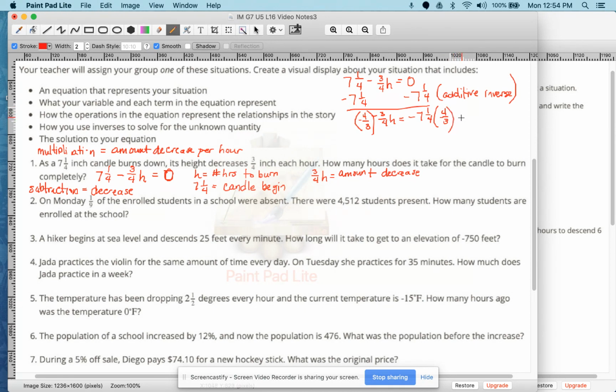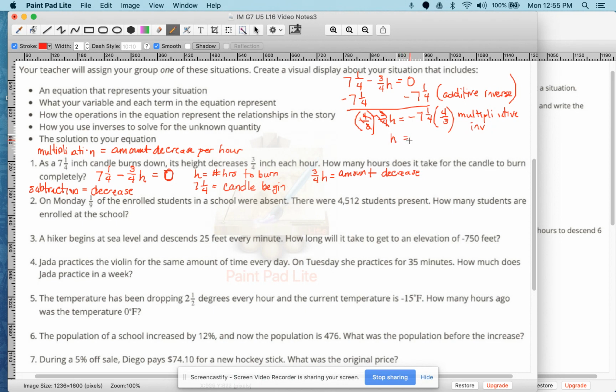And this is actually called the reciprocal or the multiplicative inverse. And when I do that, 4 cancels out 4, 3 cancels out 3, negative cancels out negative, and I have an h by itself over here.